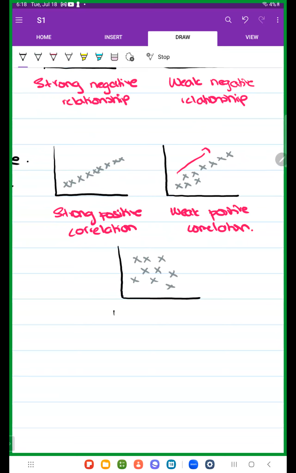Yes, so this is a no or zero correlation. Are you clear till here? All right, let's move forward.